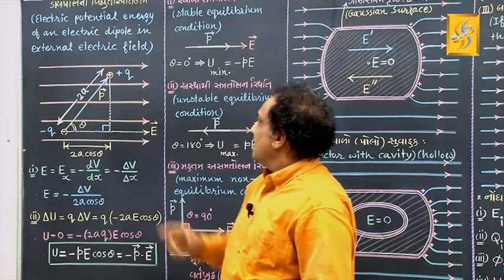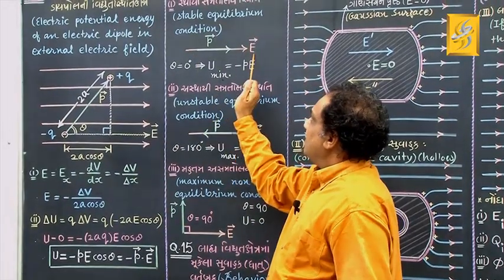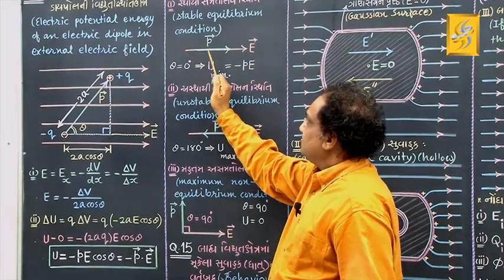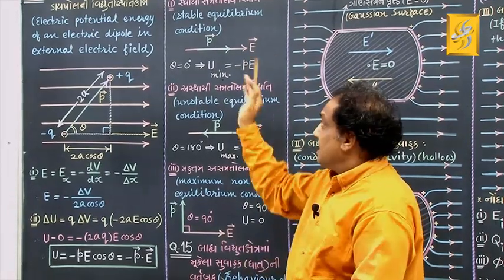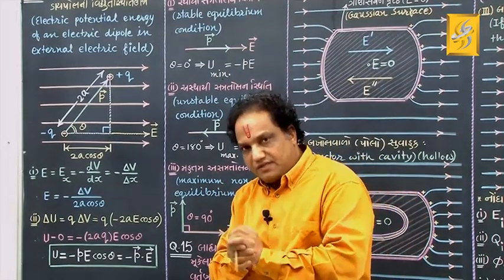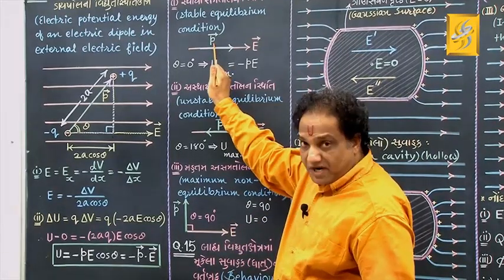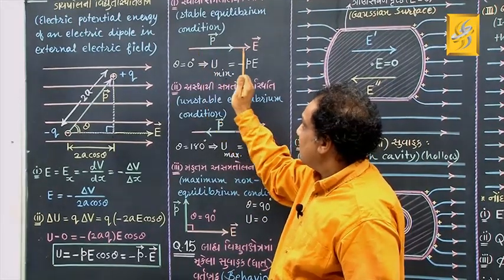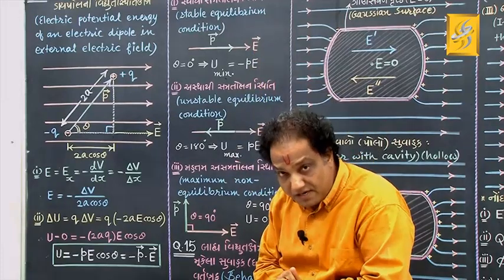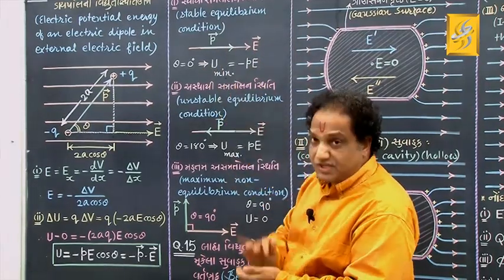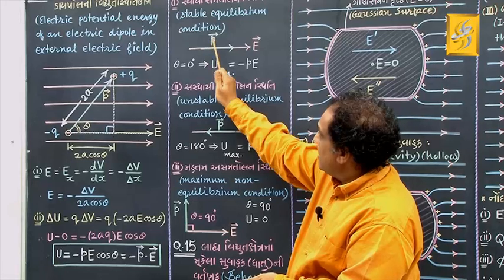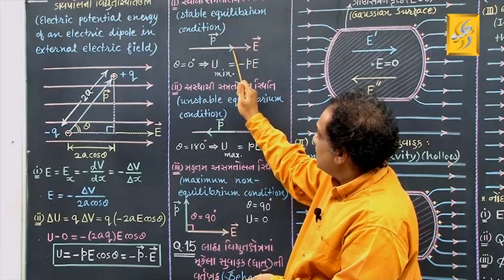Now in this electric field we consider some electric dipole having its dipole moment in the direction of the external electric field. So in this figure you can see vector P and vector E both have the same direction.